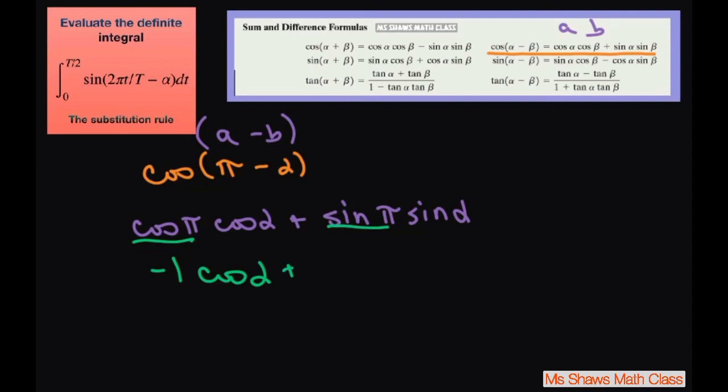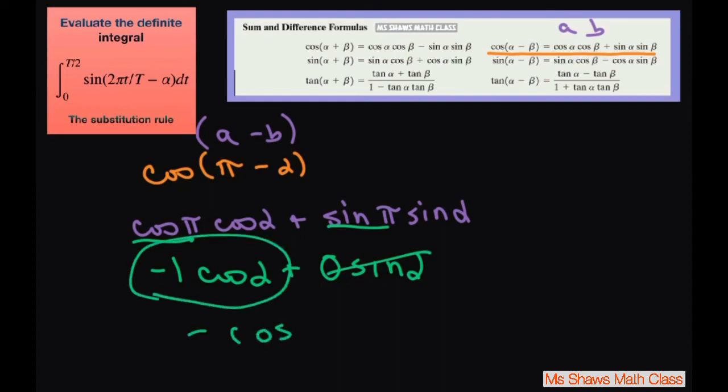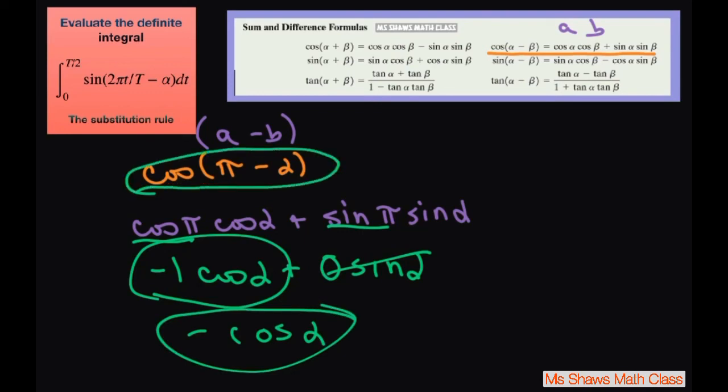Sine of pi is 0, so that term goes away, and this gives you your negative cosine of alpha. So that's how we did the identity for this one. Anytime you have cosine of pi minus beta, that's just going to be negative cosine of beta. And that's it.